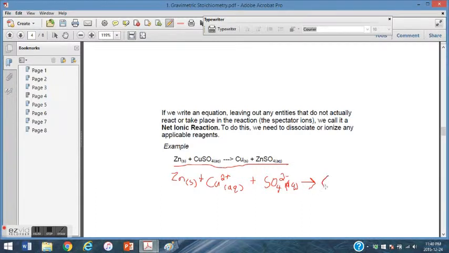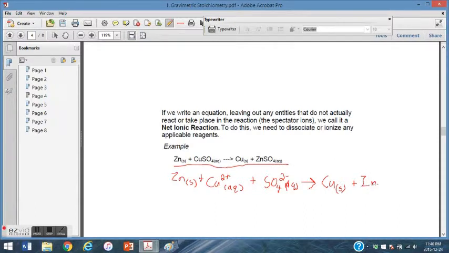This is forming copper solid. Now I can tell you I know this reaction is balanced. If it's not balanced when you start, this whole process just takes us a bit longer, and so I'd recommend balancing it before you start. Plus, okay, zinc sulfate, that's aqueous.